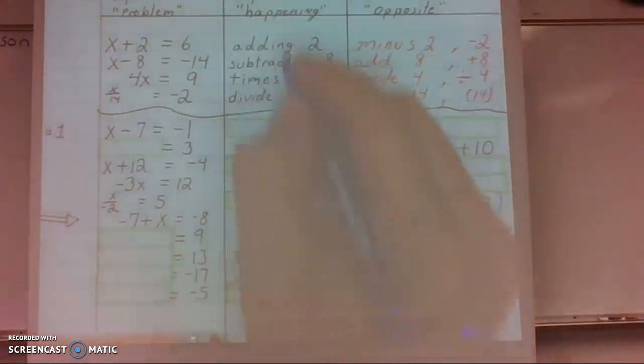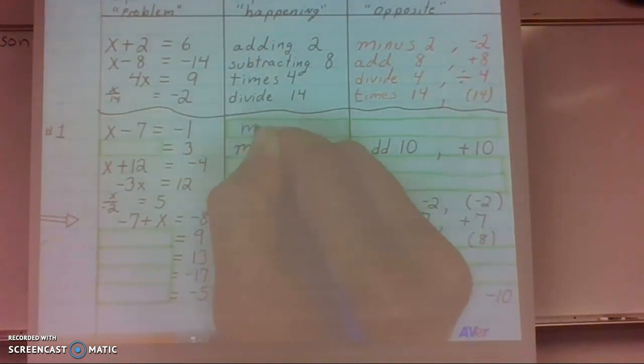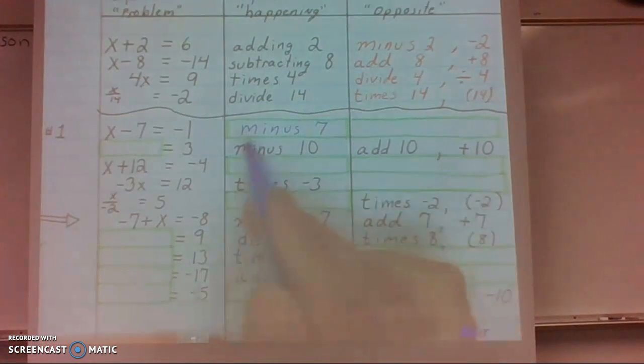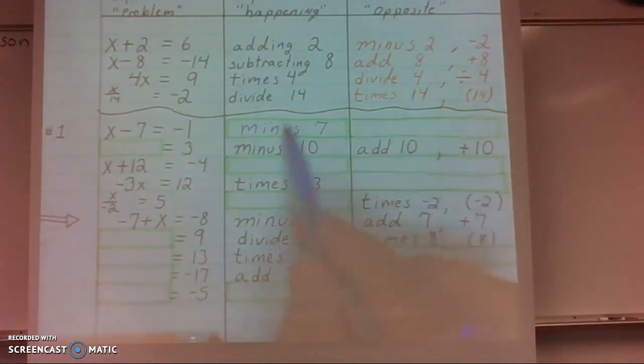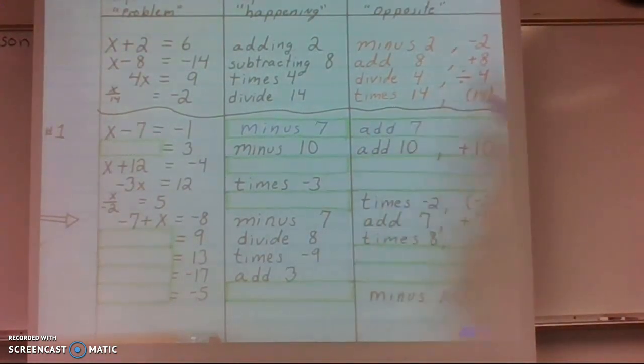So what is the operation? Well, I have a minus 7. What is the opposite or the inverse of minus 7? Add 7. And then that usually looks like this, plus 7, and you'll see how we're going to be doing this to both sides.